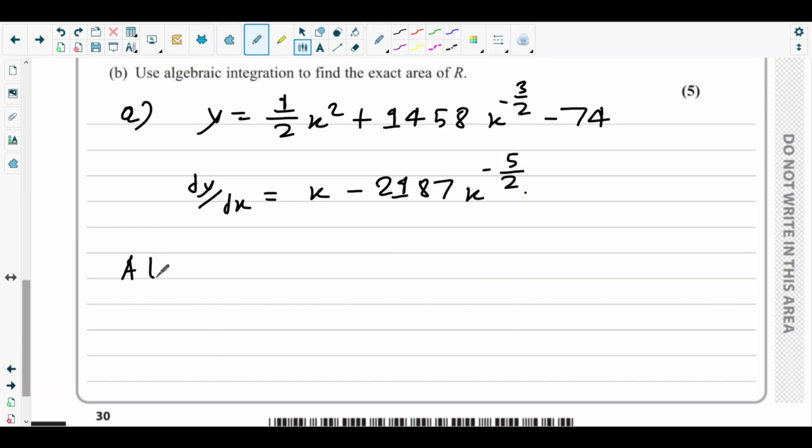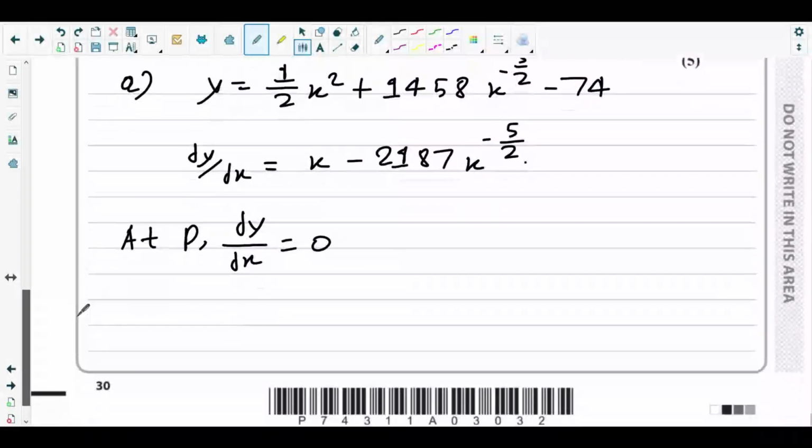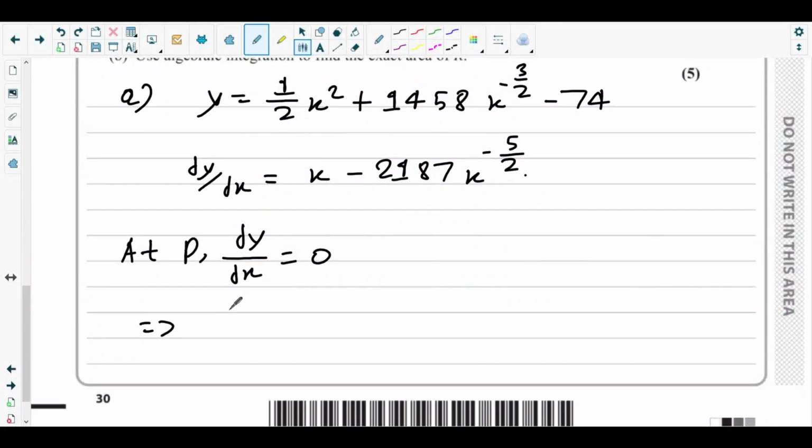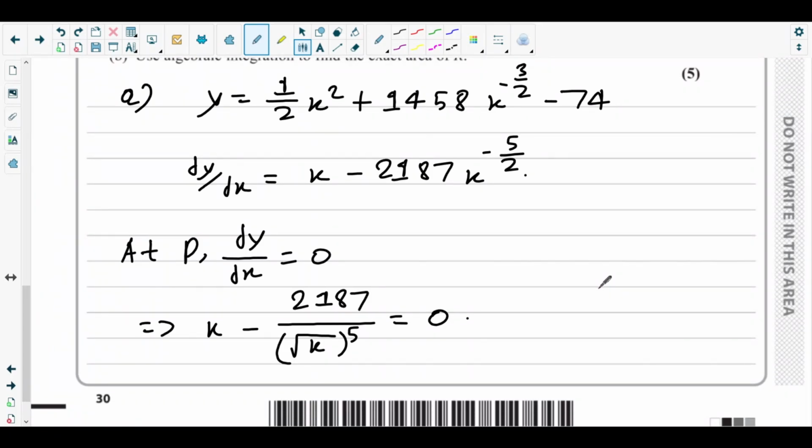At point P, we can write dy over dx equals 0. So let's equate: x minus 2187 over square root of x to the power 5 equals 0. We can multiply both sides by square root of x to the power 5, that is x to the power 5 over 2.